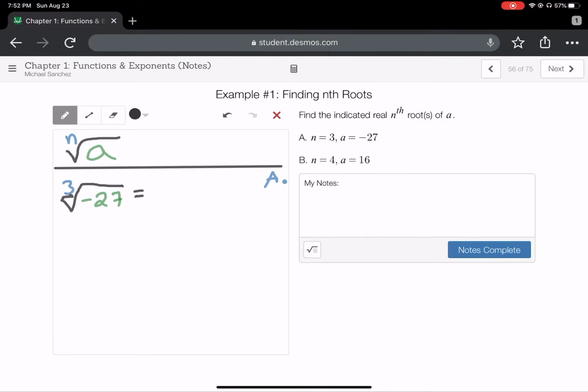What this means is we need to find a number that multiplied by itself 3 times gives us -27. A root is the opposite of an exponent. So we're looking for a number that raised to the power of 3 will give us 27.